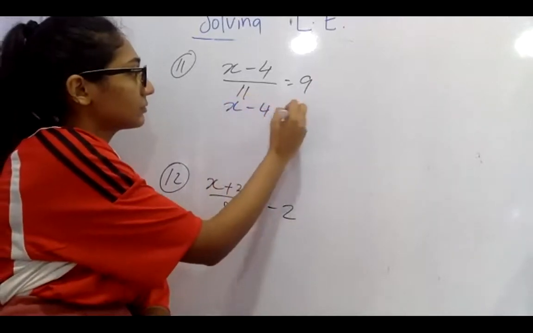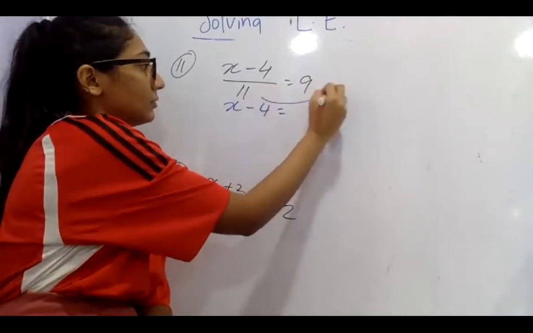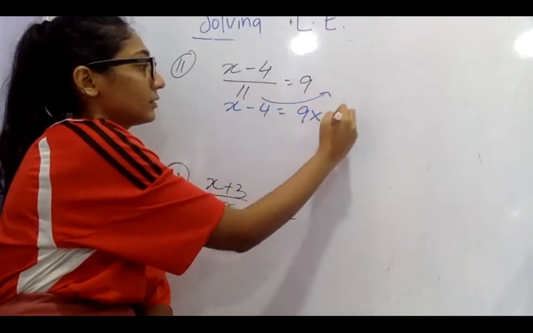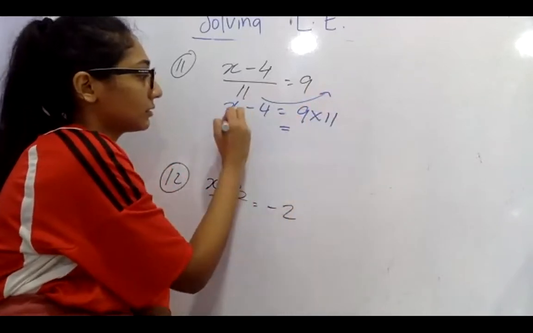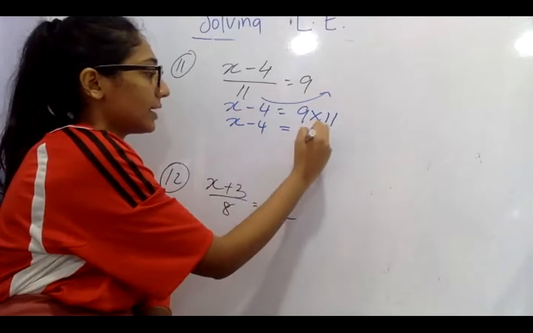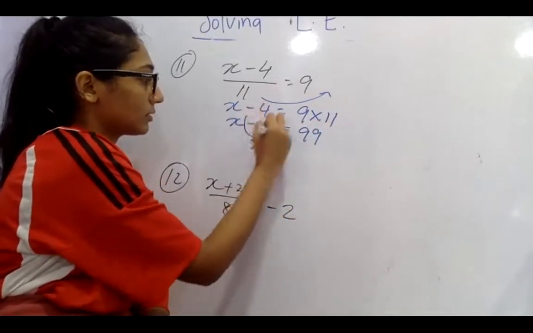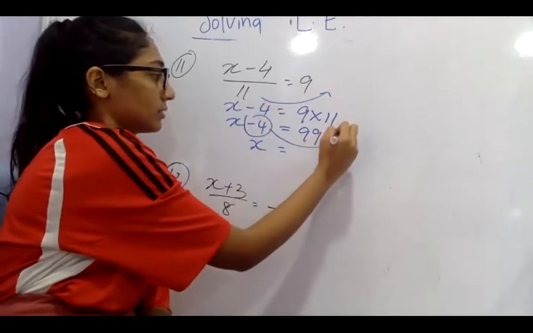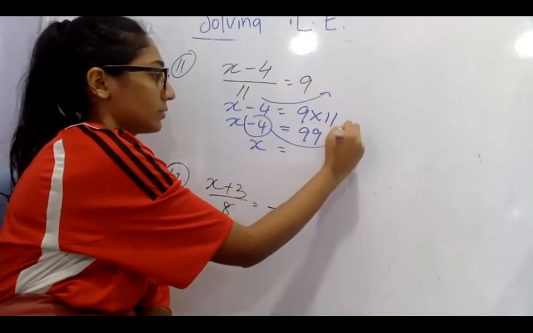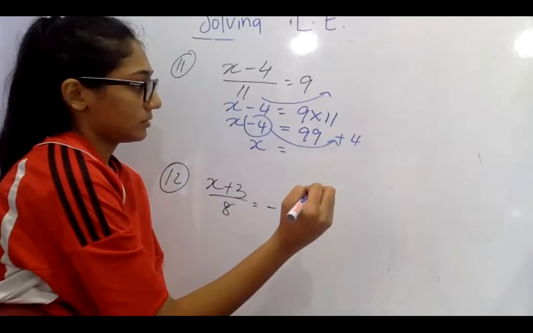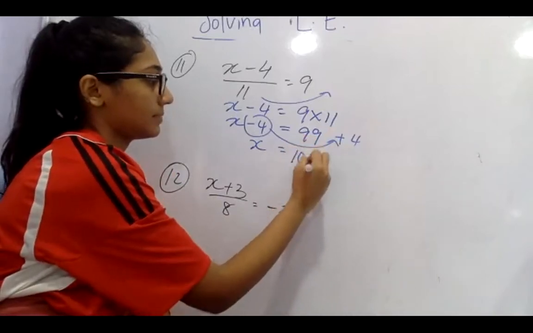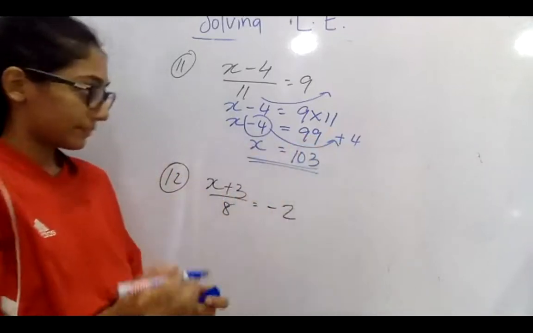You take the 11 and then times it with the 9. So it's 99. So you move the minus 4 to the other side, which is plus 4. So 99 plus 4 is 103. Very good.